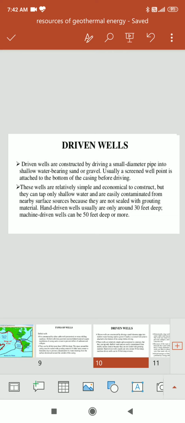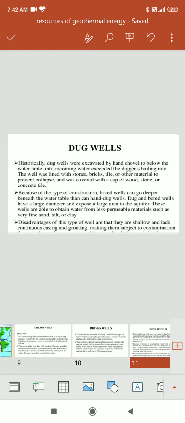So compared to drilled wells, driven wells have less depth. Dug wells, compared to drilled wells and driven wells, have very little depth. Below 30 feet we can dig this type of well.